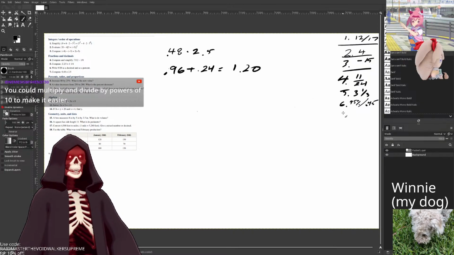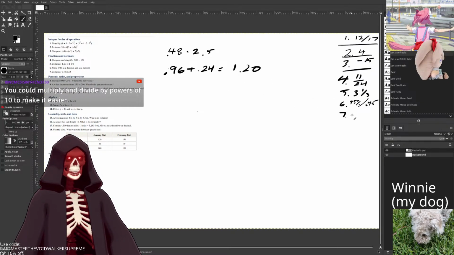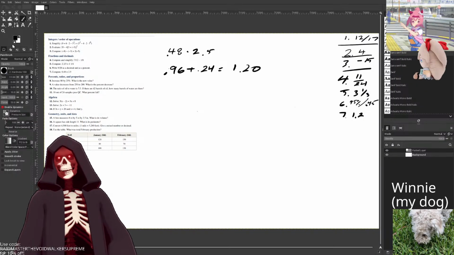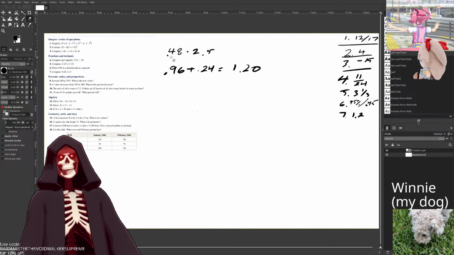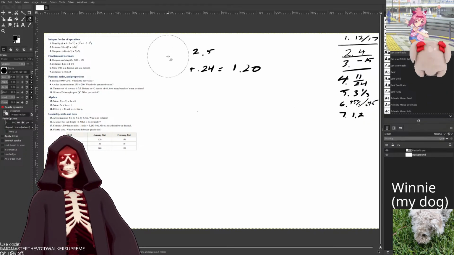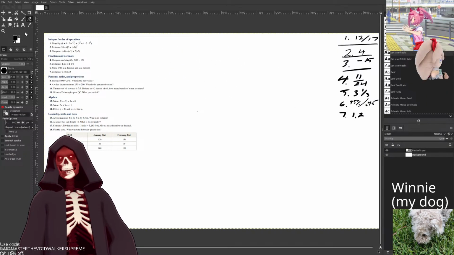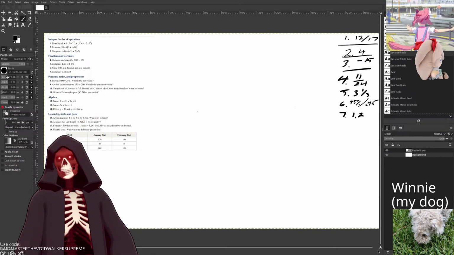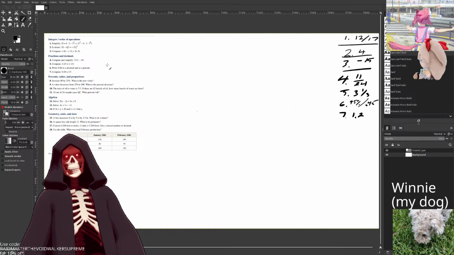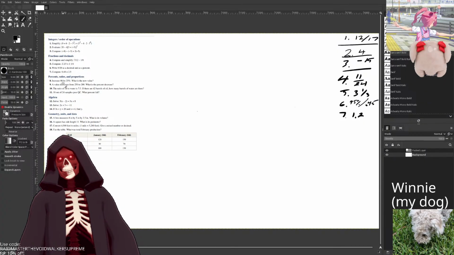So 120, so 7 is 1.2. There we go. All right.